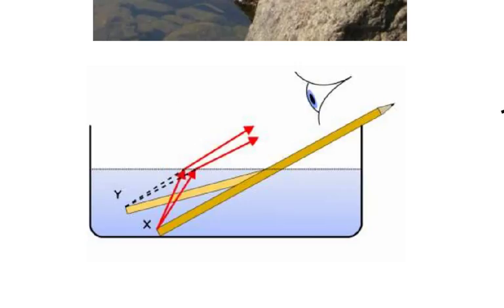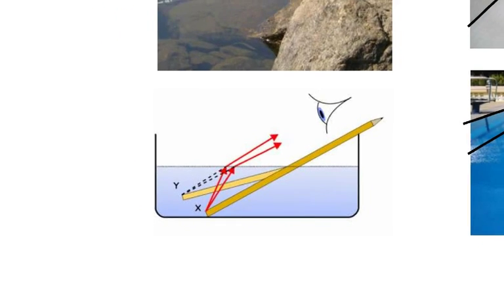Water is more dense, so the light rays bend away from the normal line. Then what you see appears to be over here at position Y. What actually is occupying position X appears to be occupying position Y. Notice that it's shallower than X. It looks like it's shallower than it actually is. It also ends up making the pencil look bent.